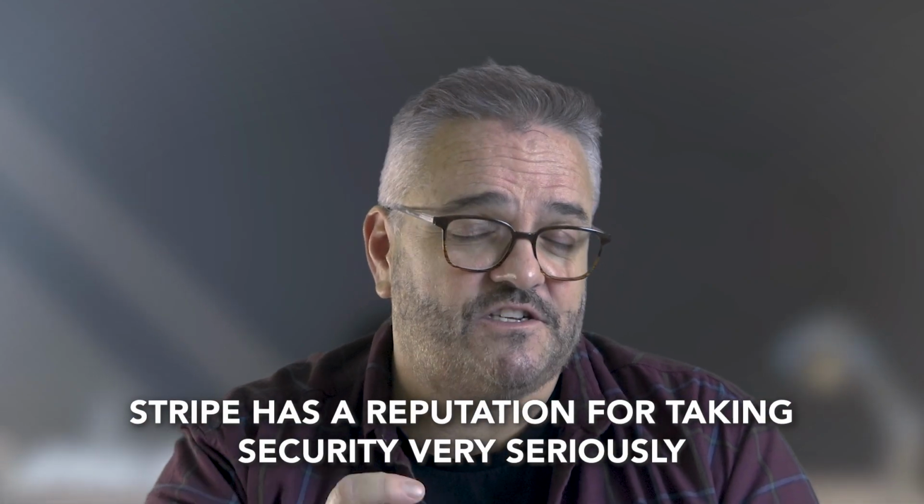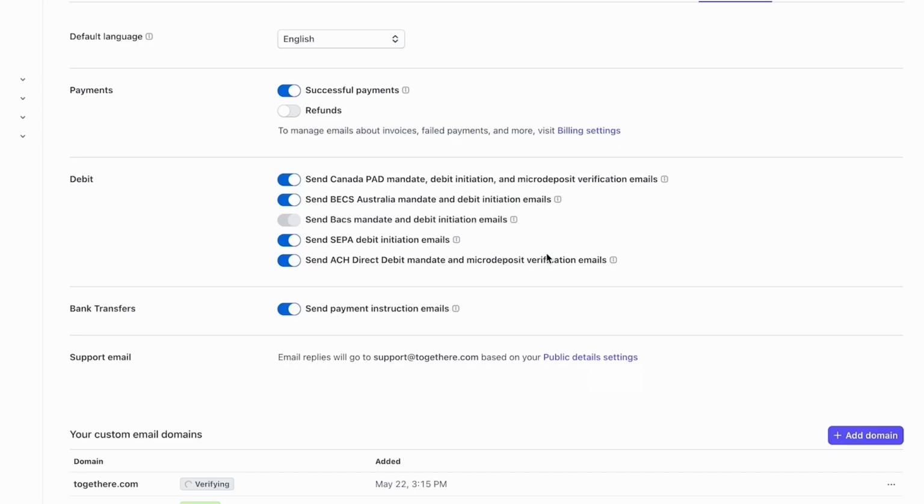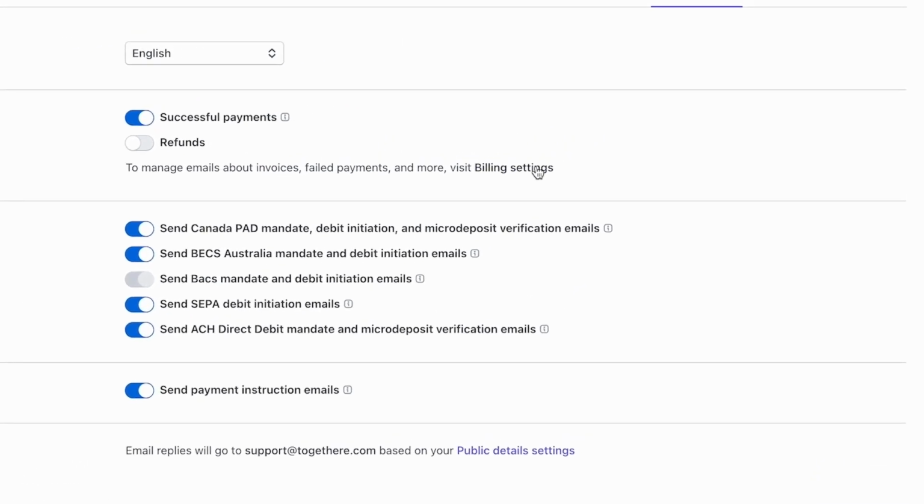Moving to security, I haven't had any issues with Stripe either, and that's not surprising since Stripe has a reputation for taking security very, very seriously. Stripe is a certified PCI service provider level 1, which means it meets the most stringent security standards in the industry. So for this round, I'm giving the edge to Cash App with a score of 4.5, while Stripe comes in close and gets a 4.25.